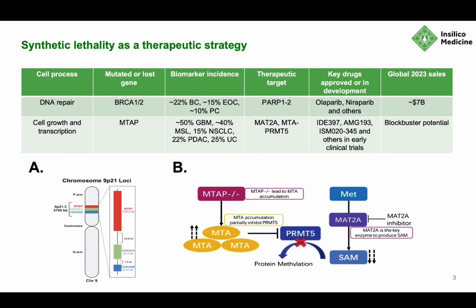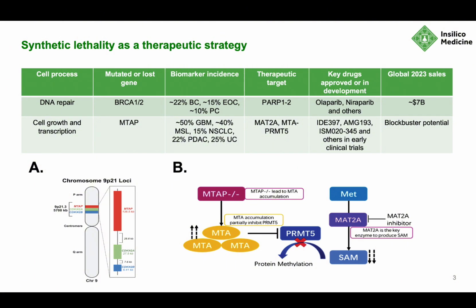And then there's two ways we're approaching that. So we can target MAT2A selectively, and that reduces the SAM levels, which inhibits PRMT5. But also, the second strategy is to target PRMT5 that's bound to MTA.